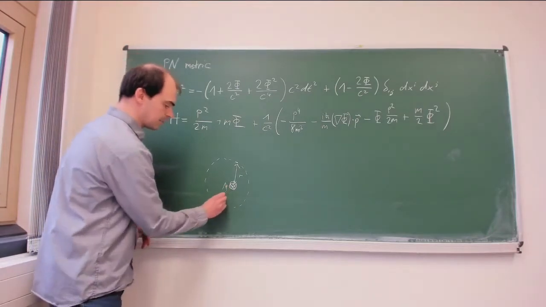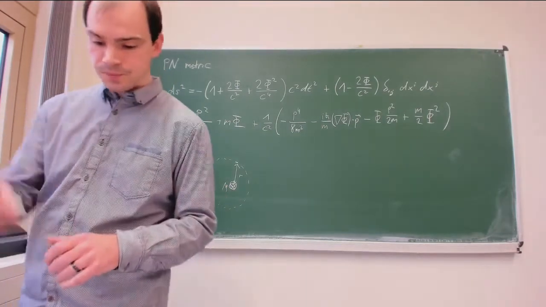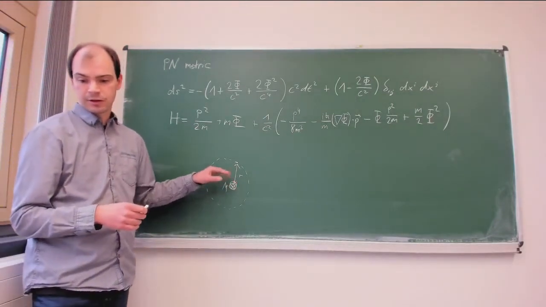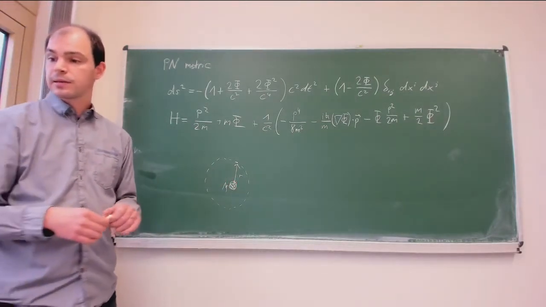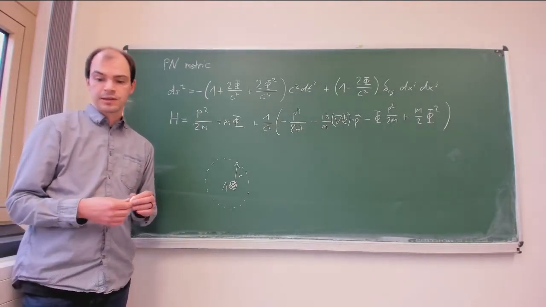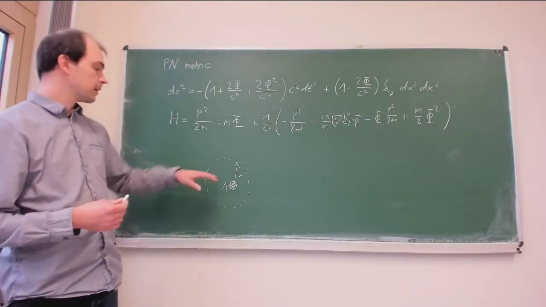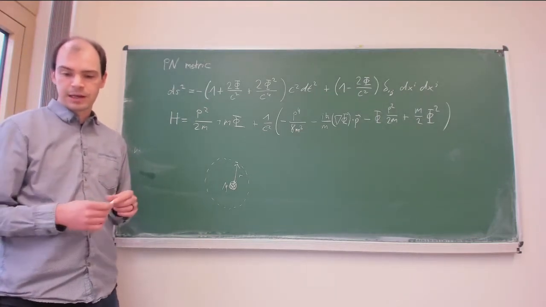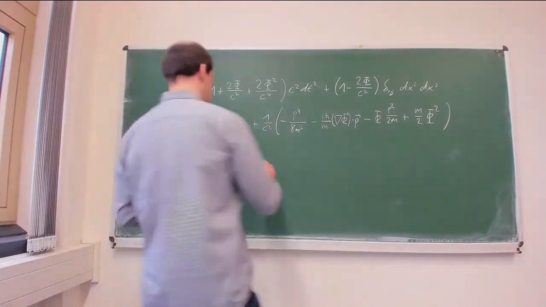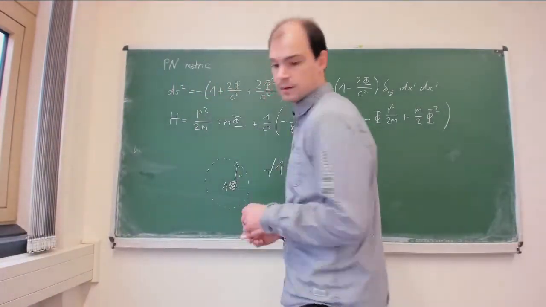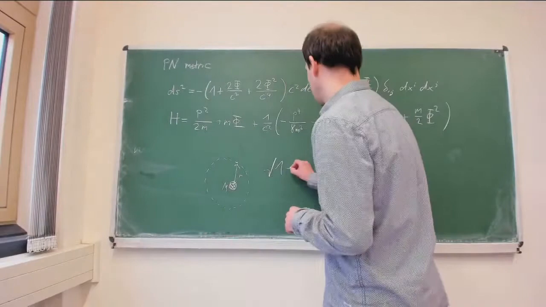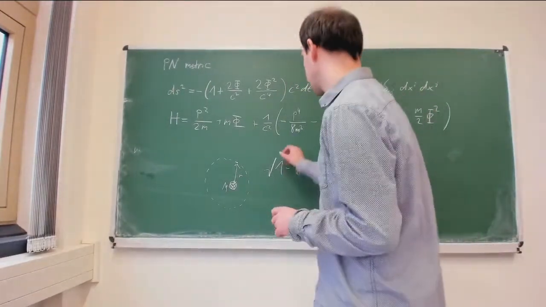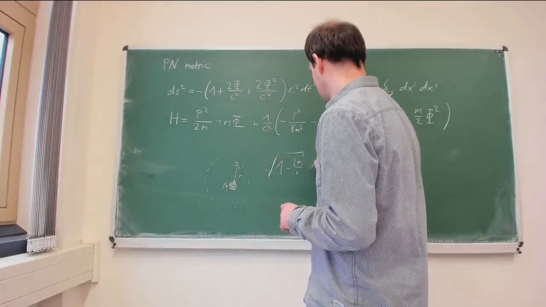We have some mass m here, and it actually turns out, if you have such a shell observer, and you have the Schwarzschild coordinates, his proper time is the square root of 1 minus 2m divided by r, times dt.